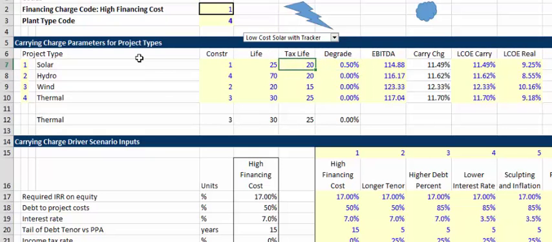different degradation, different tax lives, different book lives, and different construction periods, and they all affect the carrying charge.